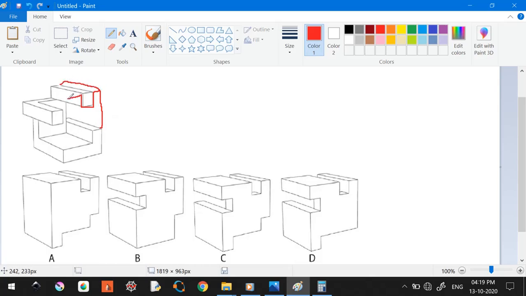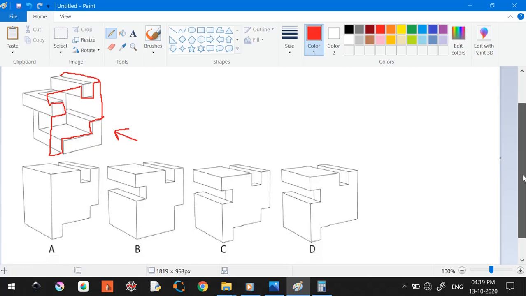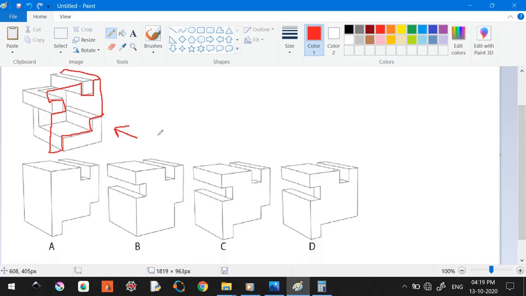I'm just trying to draw this. Okay, so this is how the front face will appear. You can actually do this also. The front face will appear something like this. So you can verify in the options. Why have I drawn this? Because this is a cuboid, right?